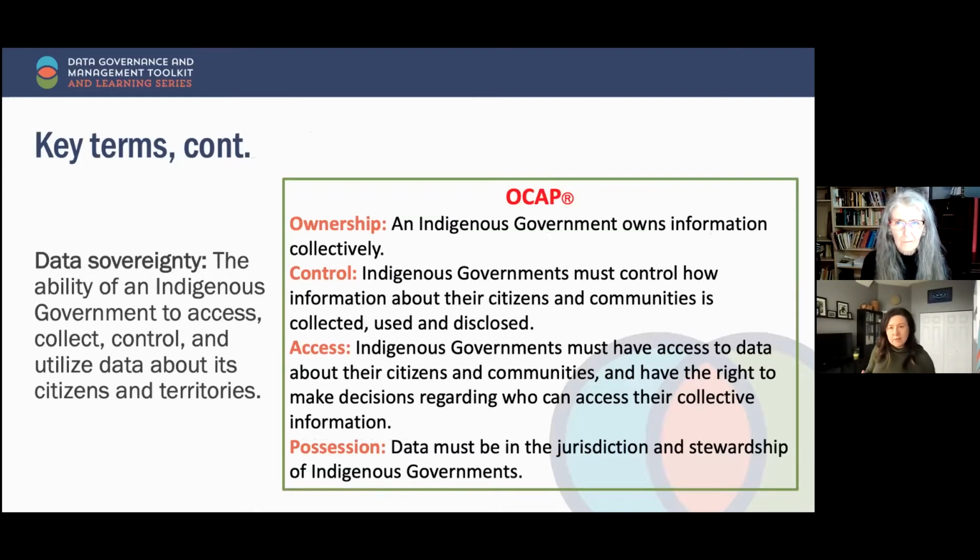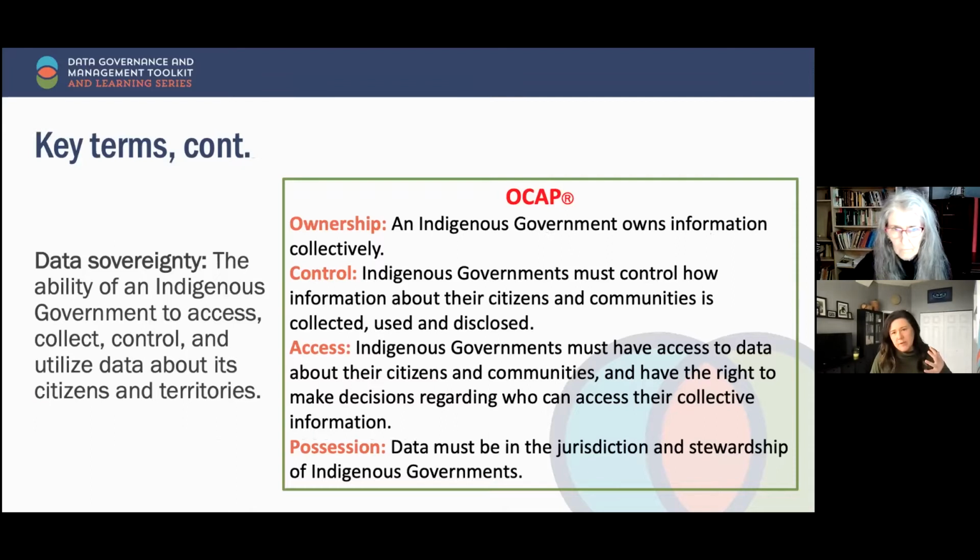So in the self-governing Indigenous government context, we talk a lot about data sovereignty, which is the ability of your government to access, collect, control, utilize data about people and planet. This is tied to obviously the government's rights. What we have on the slide there is OCAP.